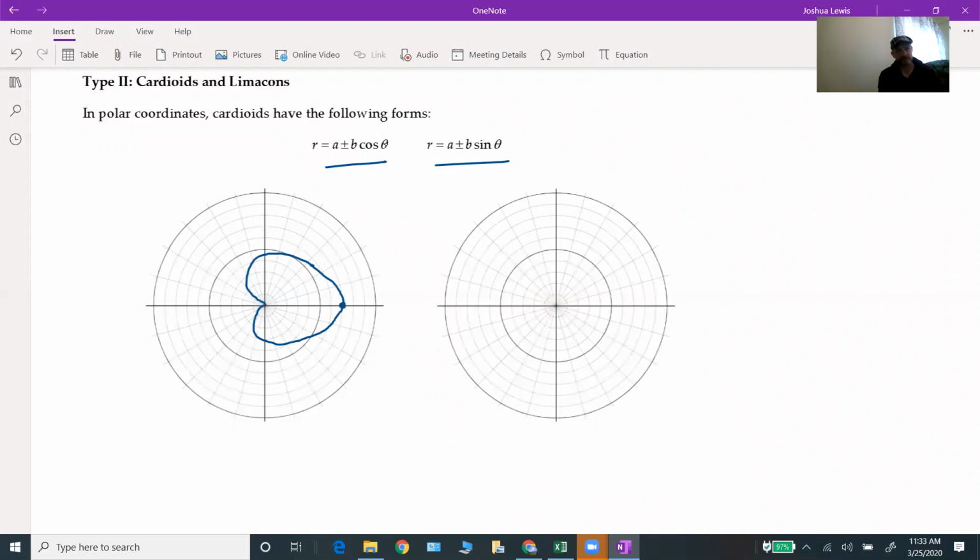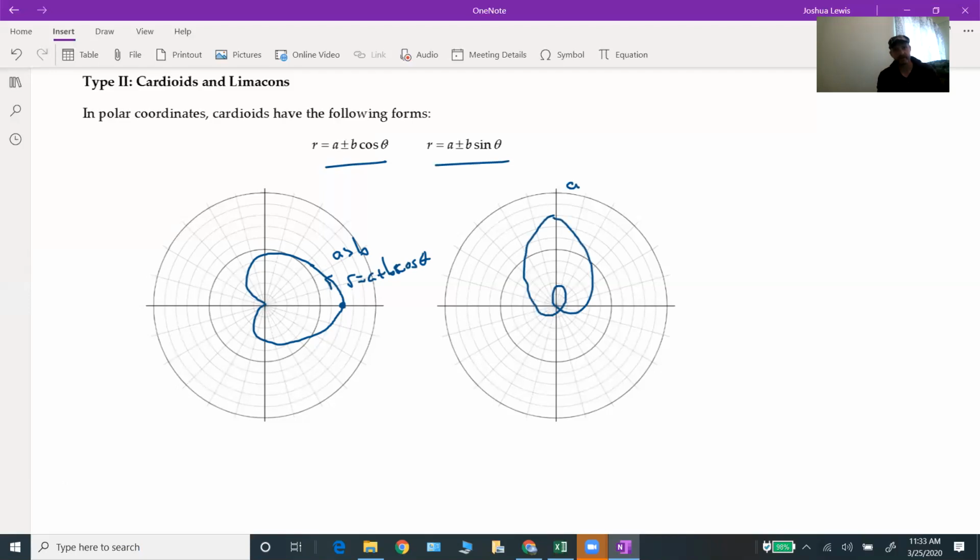All right. So this thing traces out in this direction. And in this case, we have A greater than B, and r is A plus B cosine theta. Okay. Now, if we had limaçons, we'd do something like this, okay?